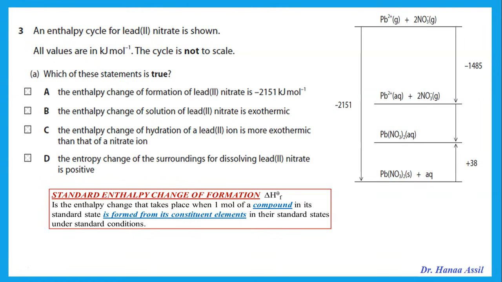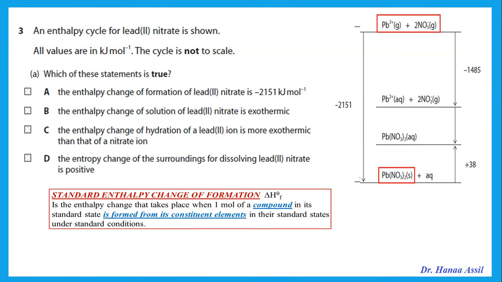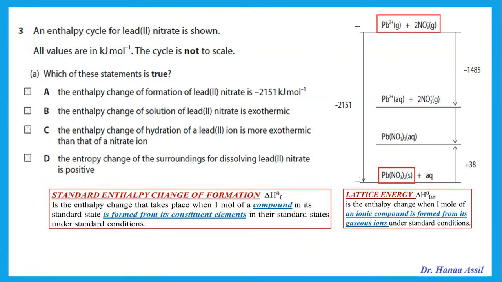You should remember, enthalpy change of formation is the enthalpy change that takes place when 1 mole of a compound in its standard state is formed from its constituent elements in their standard states under standard conditions. So if I look at the one that says minus 2151, this is not obtained from its elements, it's actually obtained from its gaseous ions.